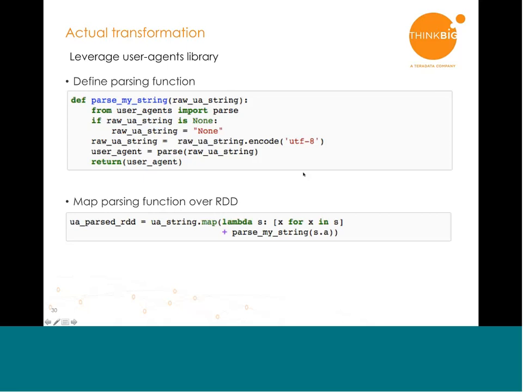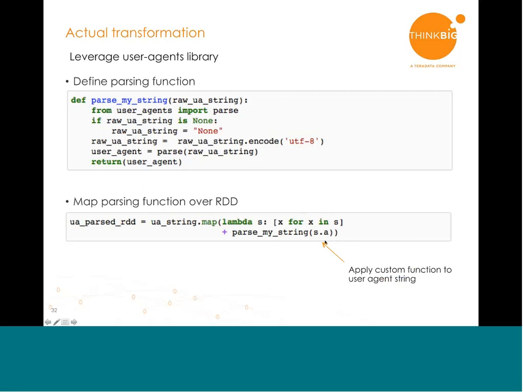Once we have this Python function working, we then map it over the entire RDD. Here is our RDD containing the parsed JSON data. Then we define this lambda function that says for every record, let's take the record, put it into a list format, and then apply this custom function to this particular part of the record, which is the user agent string.